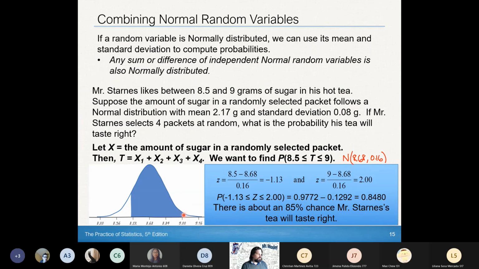So the 0.9772 is a proportion to the left, all of it, so it includes this part here that I don't want. However, the area to the left of negative 1.13, from here over, is the part that I need to get rid of, that I don't need from the other one. So that's why we subtract. We get 0.8480.